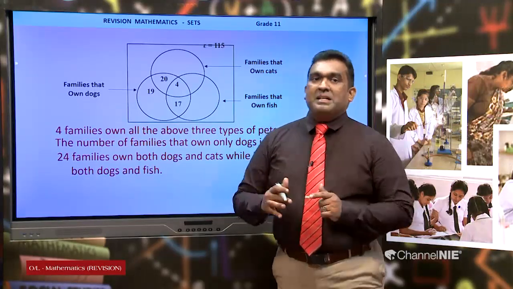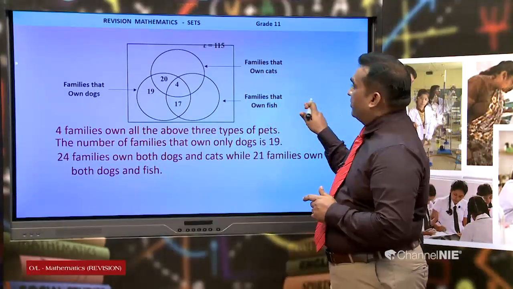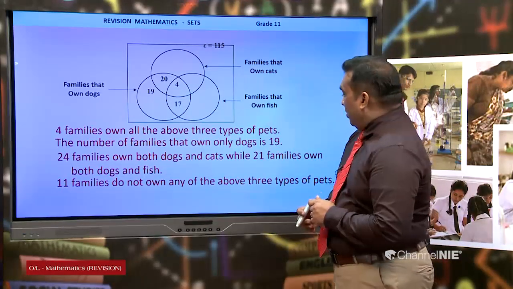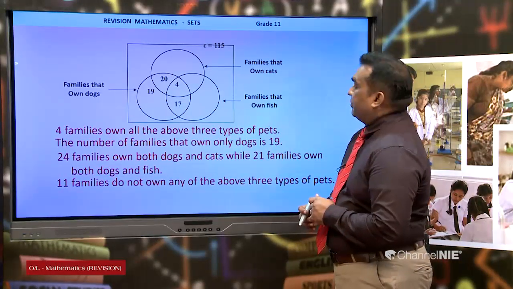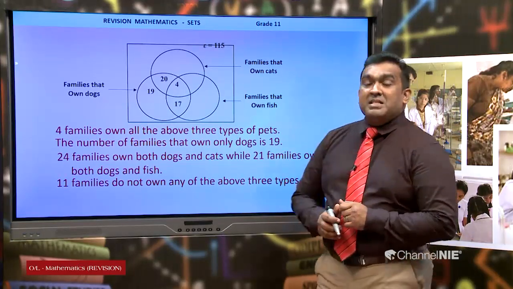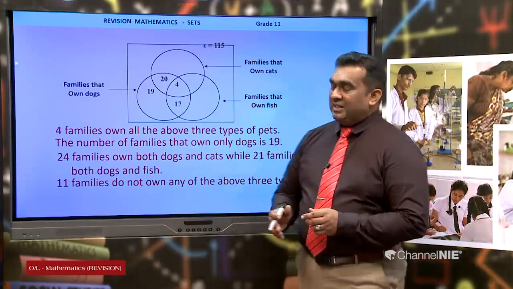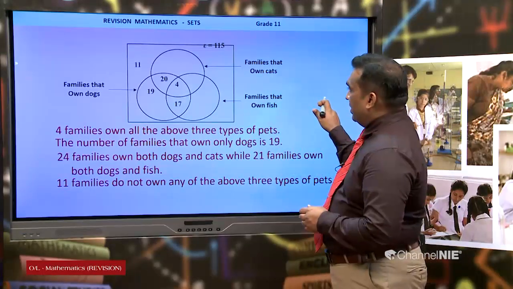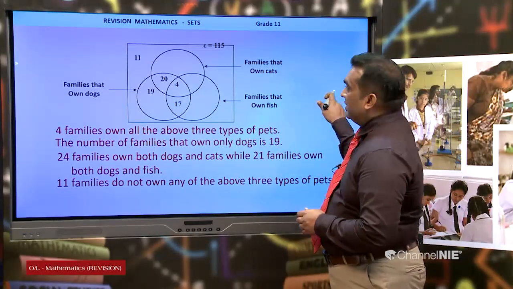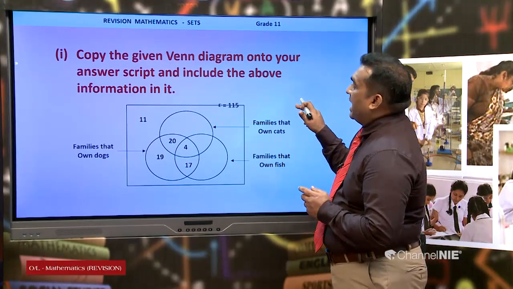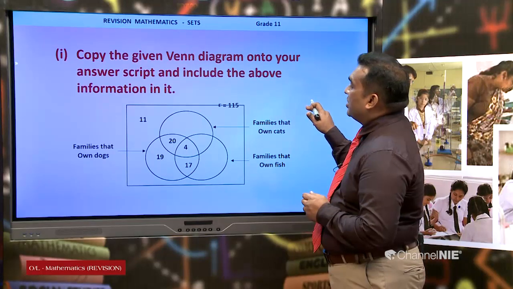Understood that? 4 plus 17, 21. 11 families do not own any of the above 3 types of pets. It means complement there, right? 11. Copy the given Venn diagram into your answer script and include the above information in it.